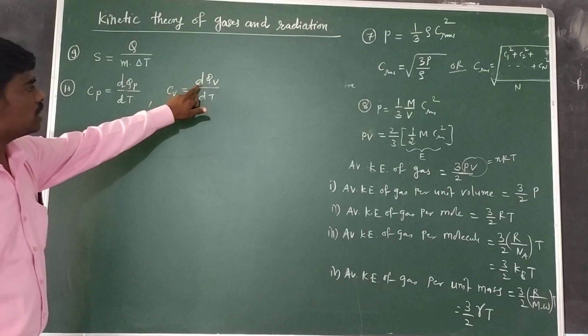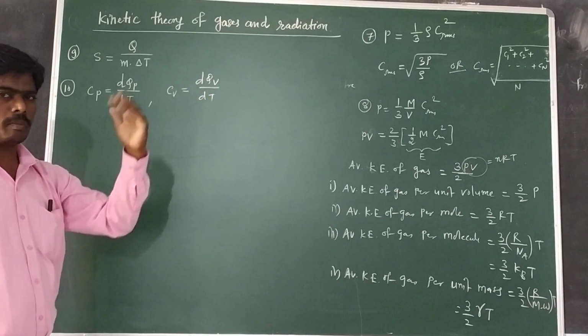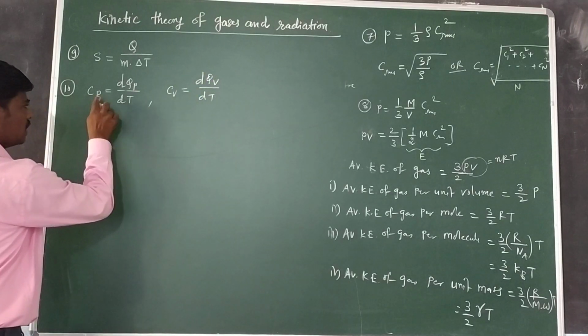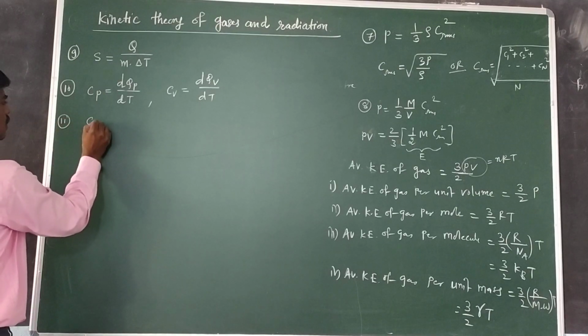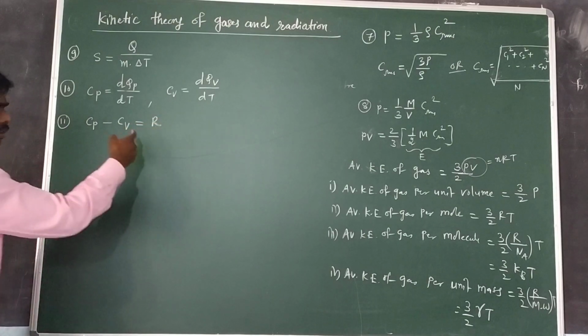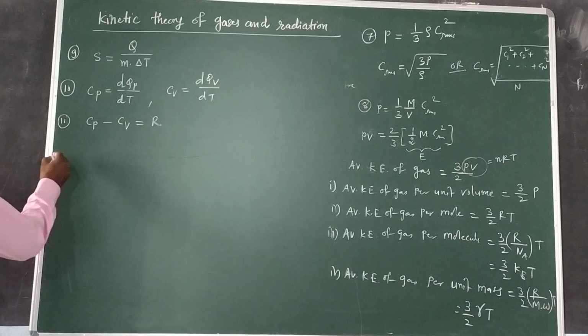What does dQv represent? dQv represents amount of heat absorbed by gas at constant volume. And Cp is always greater than Cv. In case of Mayer's relation, we obtain Cp minus Cv is equal to R, where R is called the gas constant.